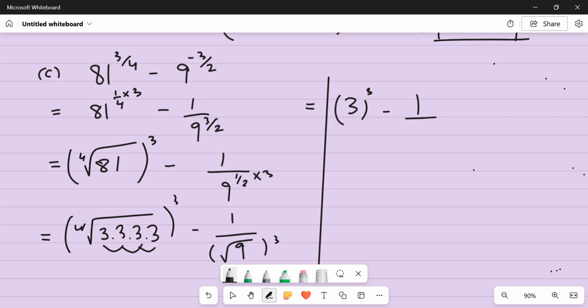It's 3 to the power 3. Acha, here students, we cannot cancel the first 3 to the power cube with this cube. Never and ever, okay? Because the reason is that there is a negative sign between them. So we cannot do this. It's totally wrong. Okay, so 3 cubed gives you 27.